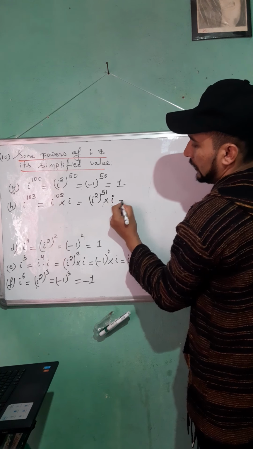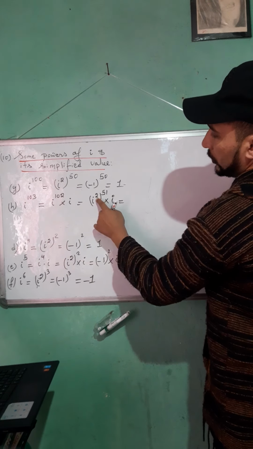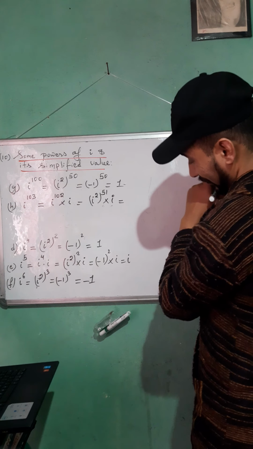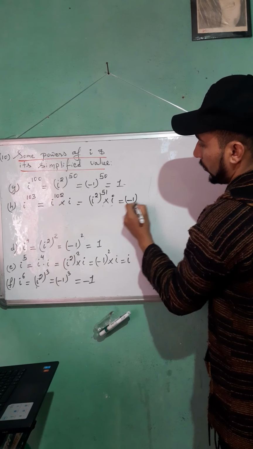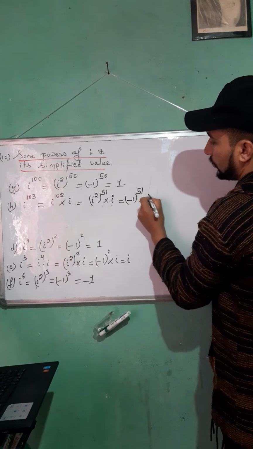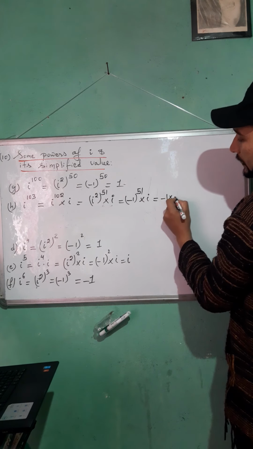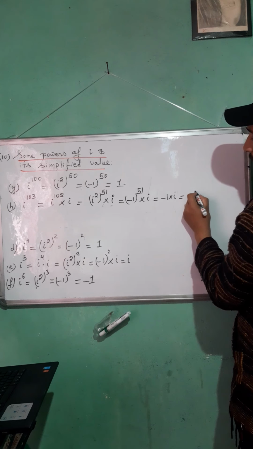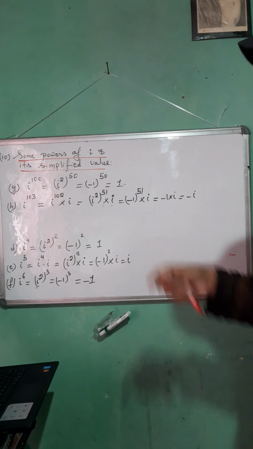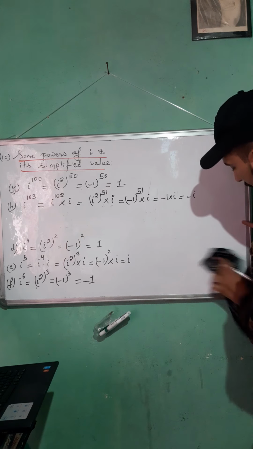So 2 into 51 is 102. i square is minus 1 to the power 51 into i. So minus 1 to the power 51 is minus 1 into i, so minus i. So in this way, you have to simplify the value of i.